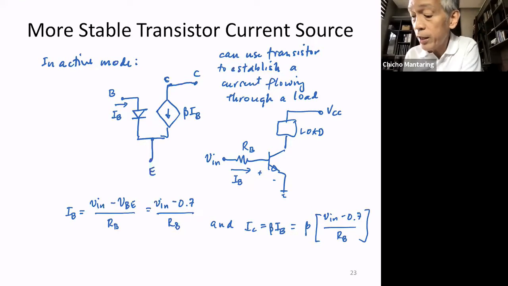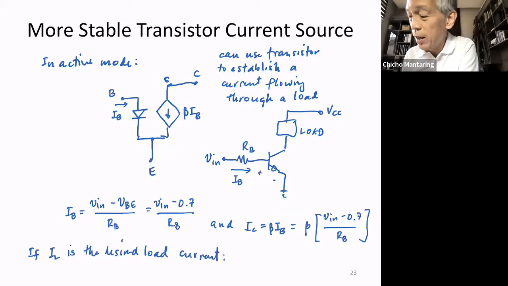So for example, if IL is the desired load current, then what is RB?